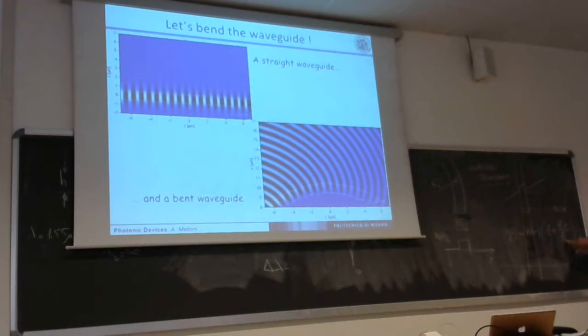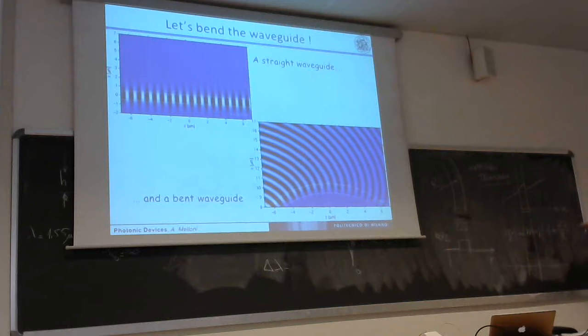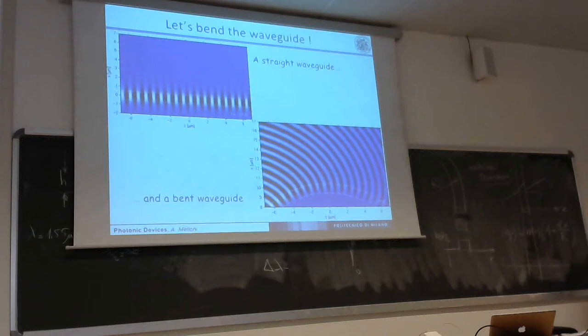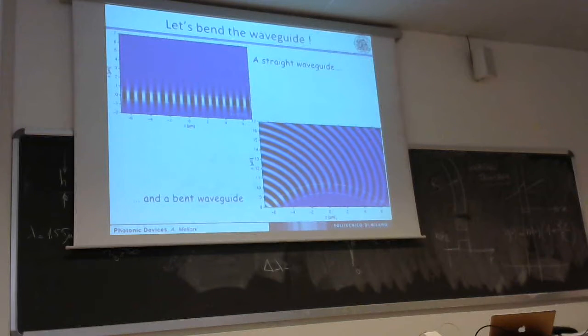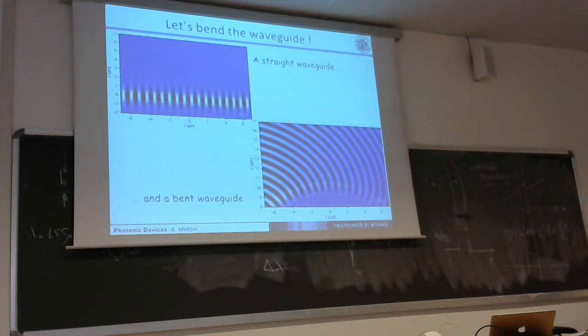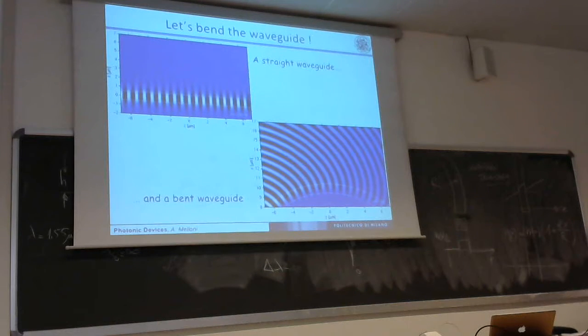This is a big number, and so the tilt is very weak. So basically, you have the same straight waveguide. Then if you start to bend, the tighter the bend, the more tilted is the refractive index.